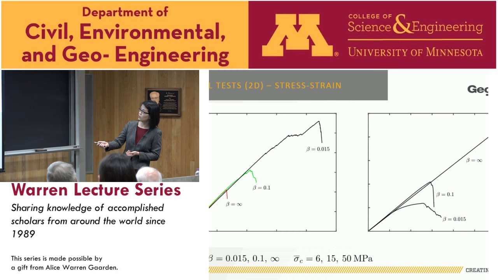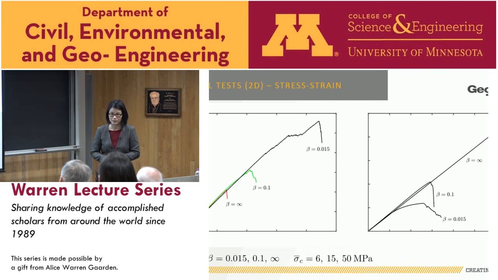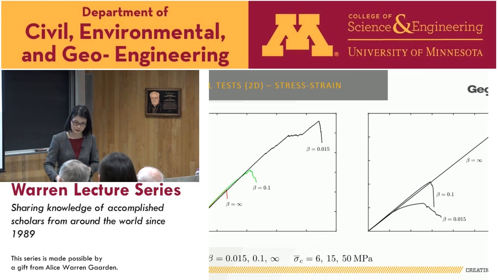But it wasn't true for the compressive strength. If you look at the stress strain, that's the beta with the highest bond strength, and that ends up with the lowest compressive strength. And beta with 0.15, that has a bond strength of 6, but that one has the highest strength. So that requires a little bit of explanation.